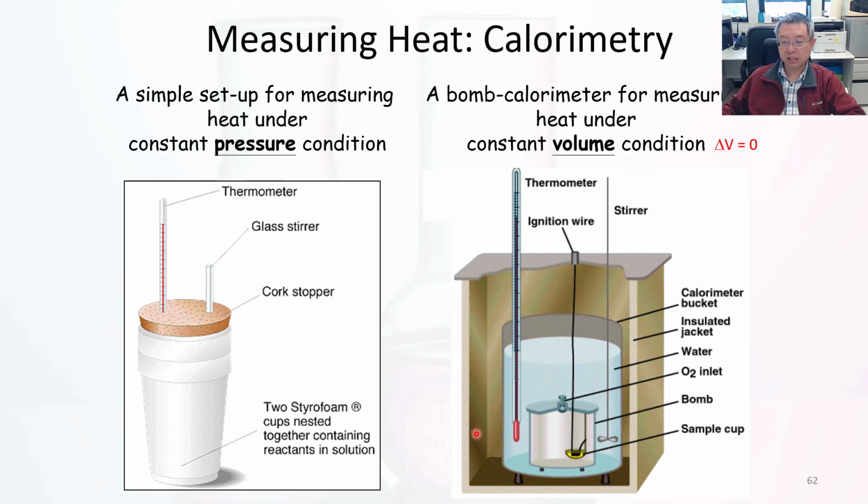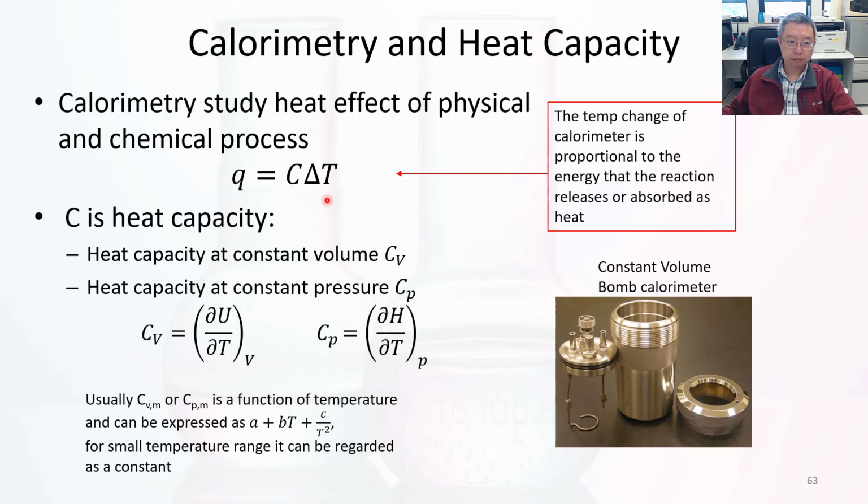If we ignore the insulation, this is just a chunk of material. How much the temperature rises is proportional to the heat going in or out of the system, and the constant ratio is called heat capacity. This is by definition.